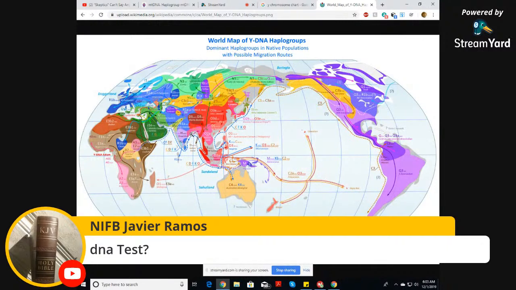So I have the T over here. That's Japhethite. You got the CS. You got the O and the D. The D, of course, we know what the D is. And the C and the D and the F and the K. Anyways, on the edge between India and China, there's a Jewish population.